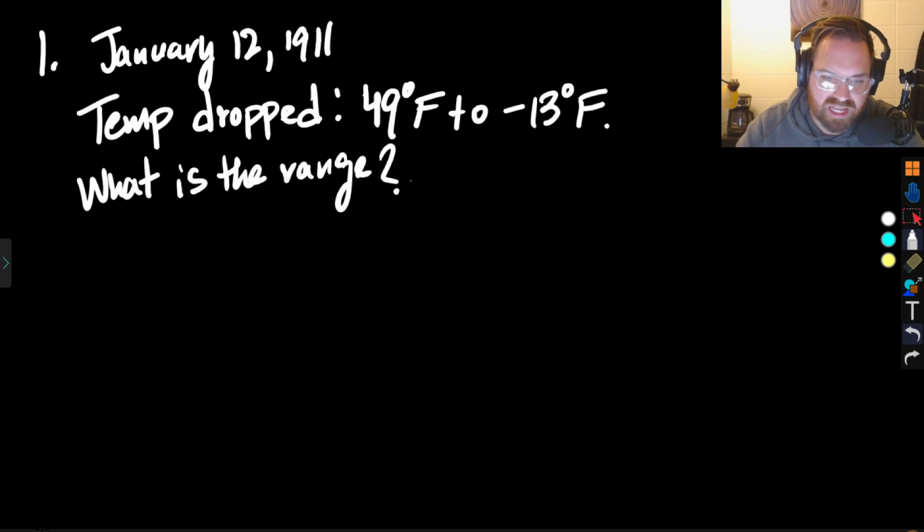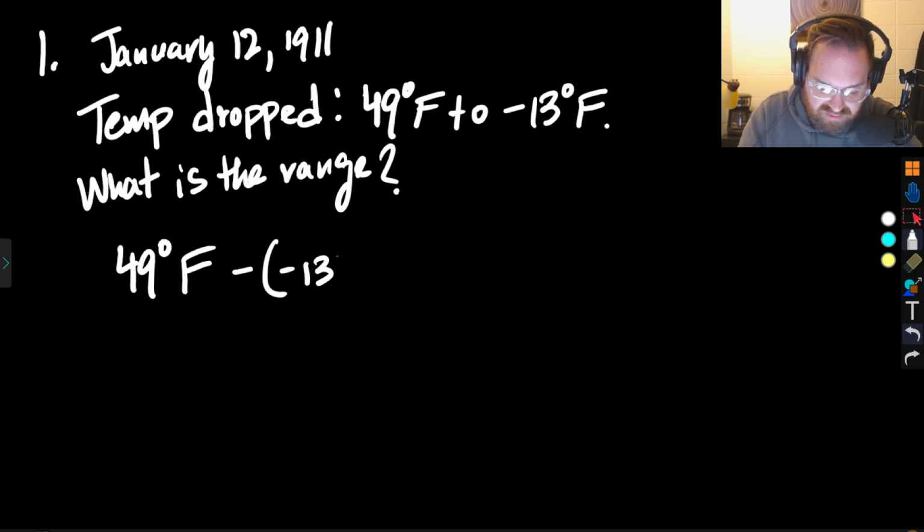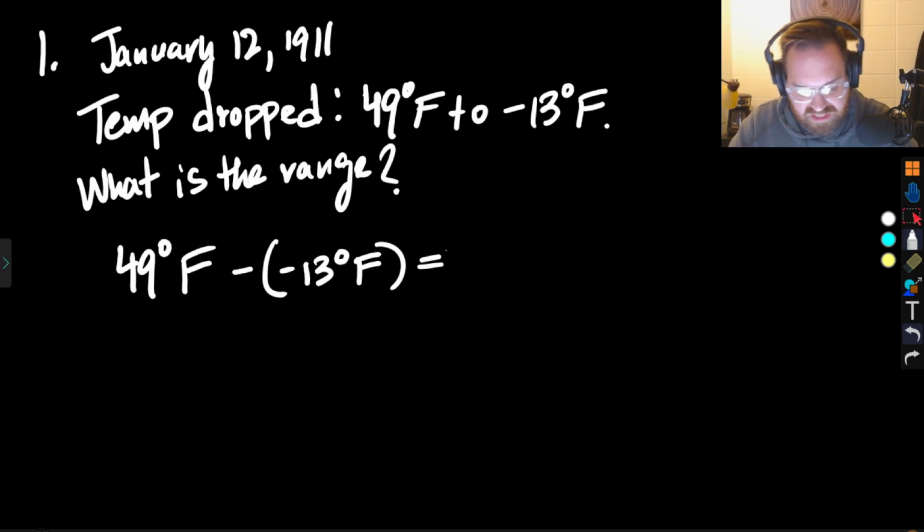Okay. And all we have to do is take the difference. And when I say difference, we're subtracting. So we take the larger value and we subtract the smaller value. So in this instance, we have 49 degrees Fahrenheit, and we're going to subtract off a negative 13 degrees Fahrenheit. Let's put the Fahrenheit in here. And we just have to figure this out.